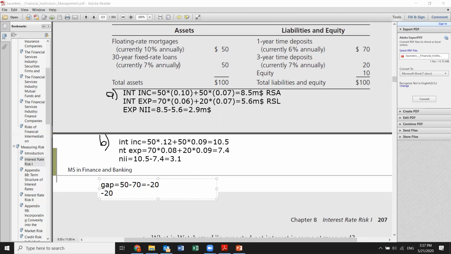Minus 20 million times 0.02, which is minus 0.4 million. Now, this is part C.